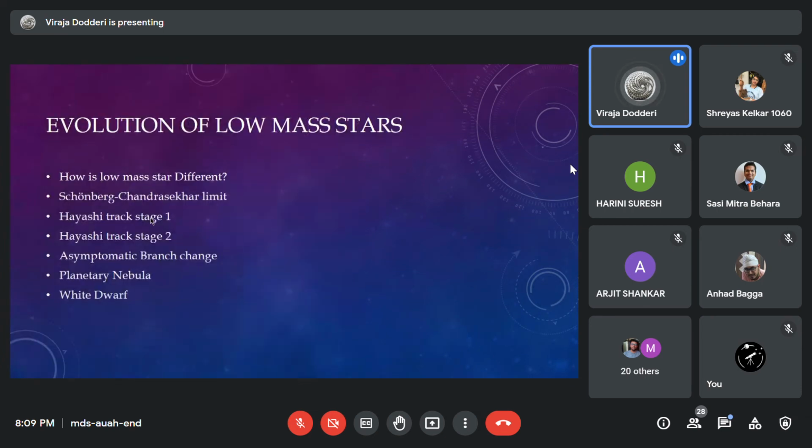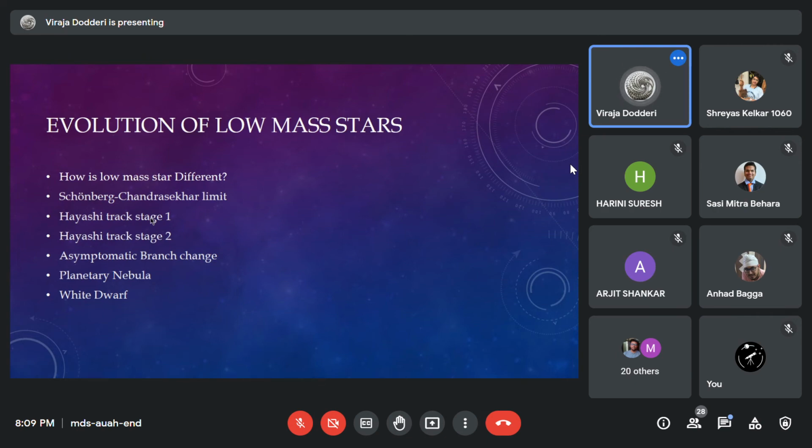And if we consider the low mass stars, we need to see how different they are. We can start by comparing how different it is from the moderate mass stars. These low mass stars don't even have a convective core during the main sequence stage.